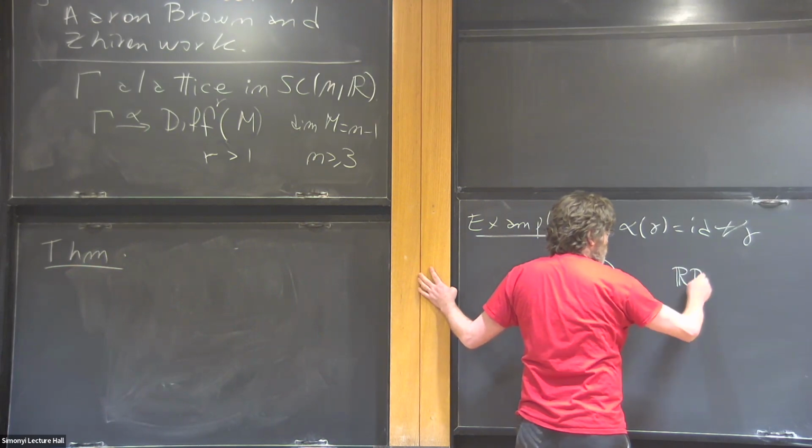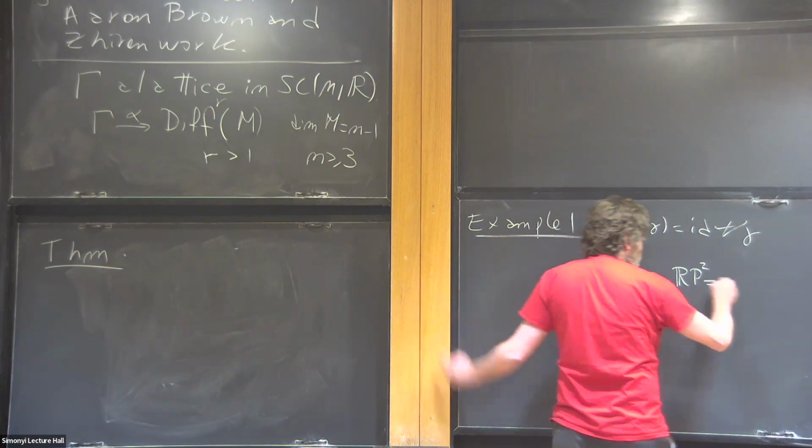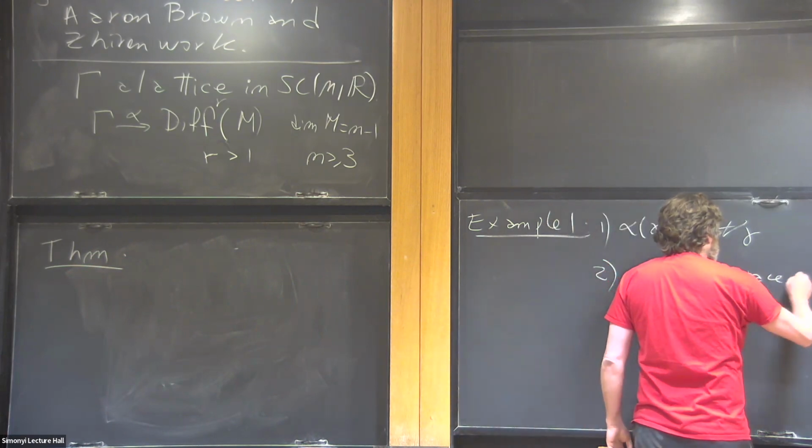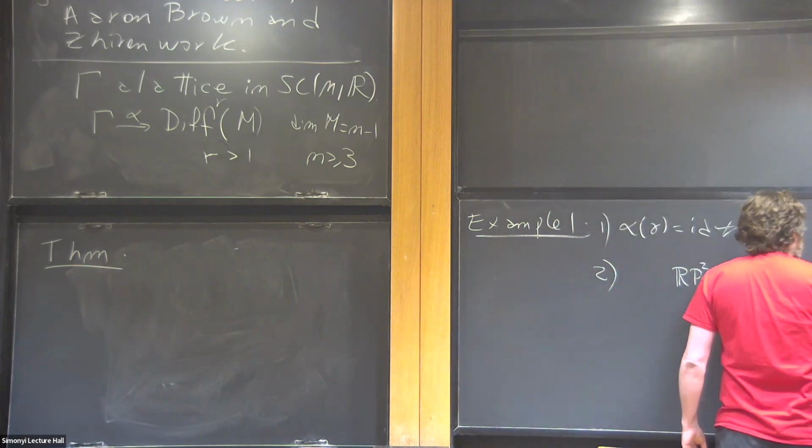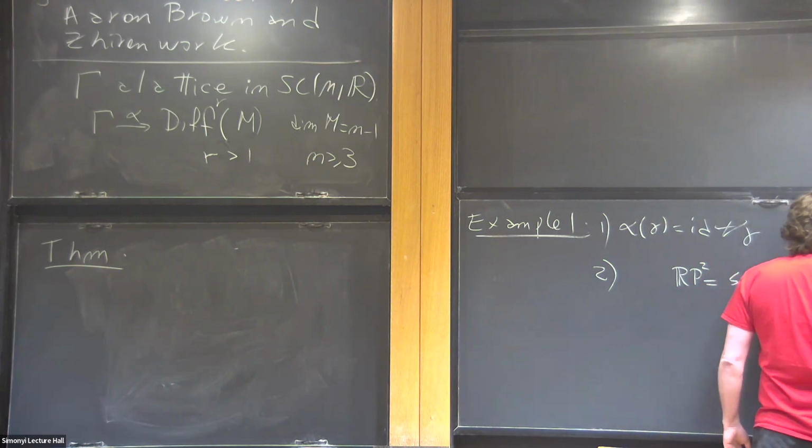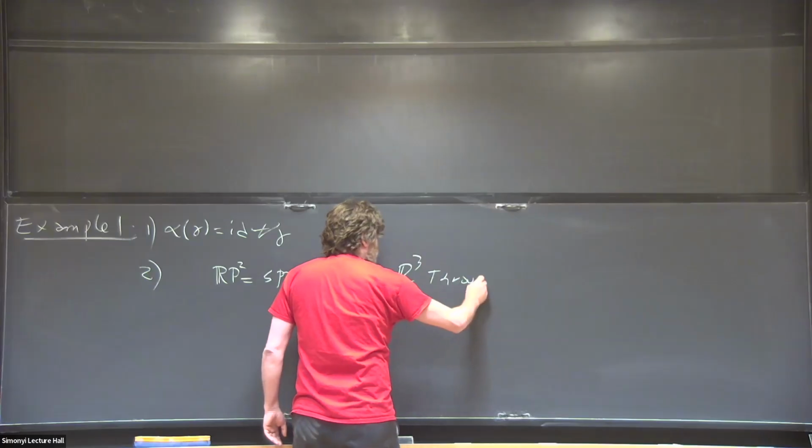So RP^(n-1) is the space of lines in R^n through the origin.